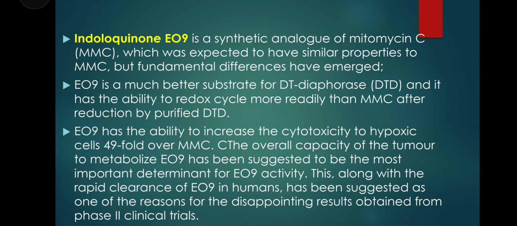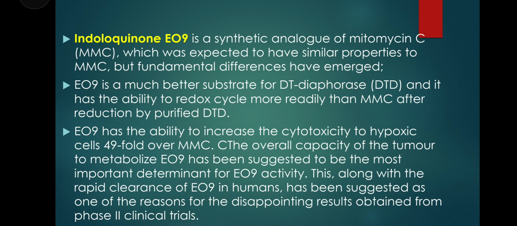Indoloquinone EO9 is a synthetic analog of mitomycin C, which was expected to have similar properties to MMC, but fundamental differences have emerged. EO9 is a much better substrate for DT diaphorase, and it has the ability to redox cycle more readily than MMC after reduction by purified DTD.